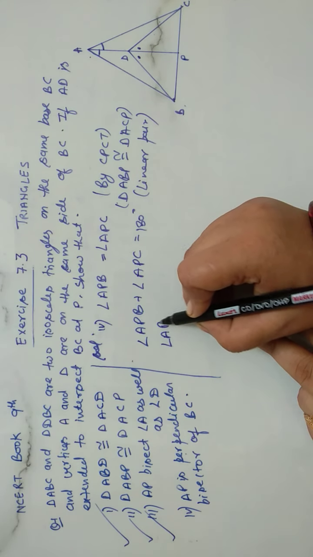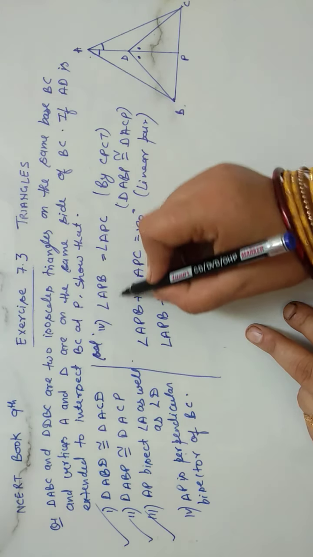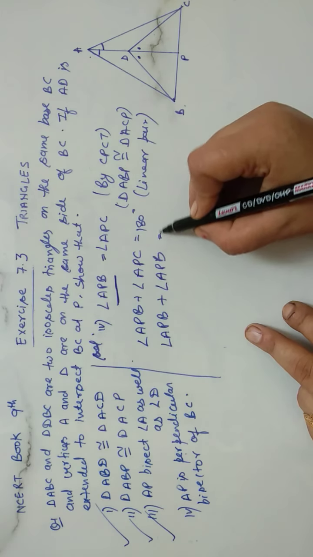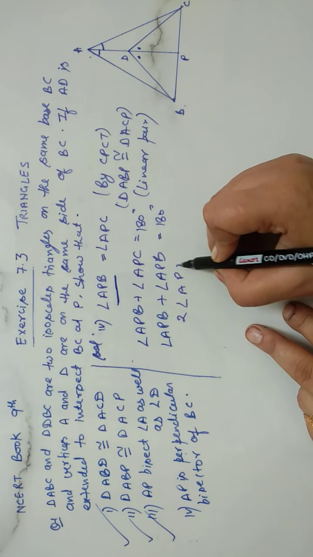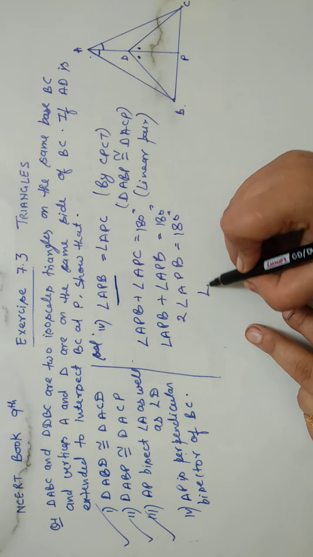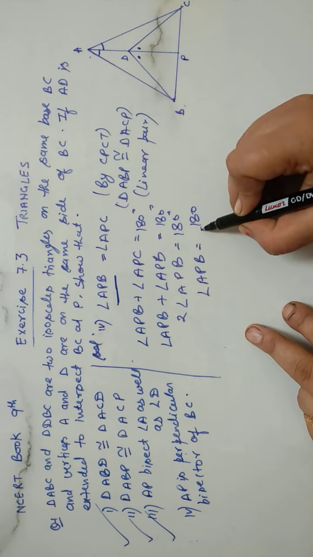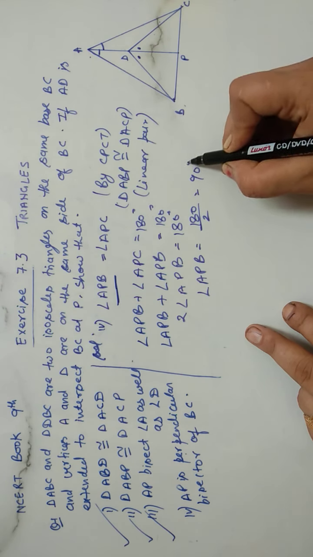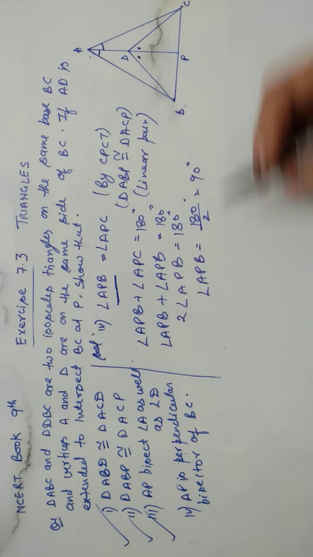Angle APB plus angle APB is 180, or 2 angle APB is 180, or we can say angle APB is 180 upon 2, that is 90 degrees.